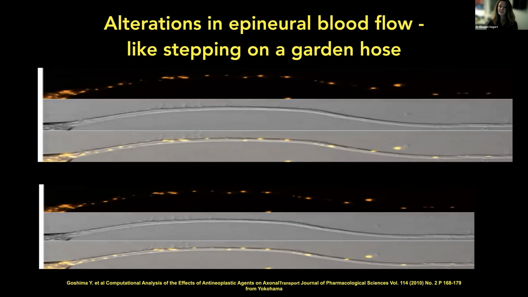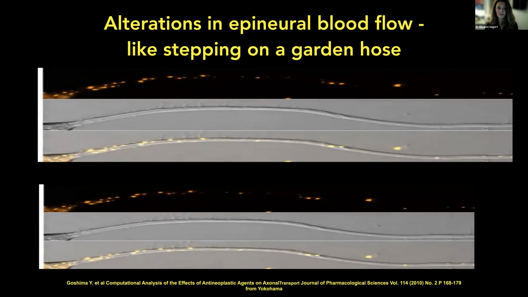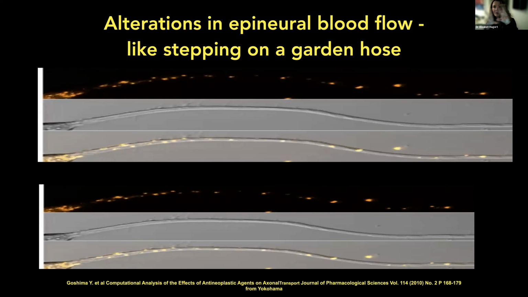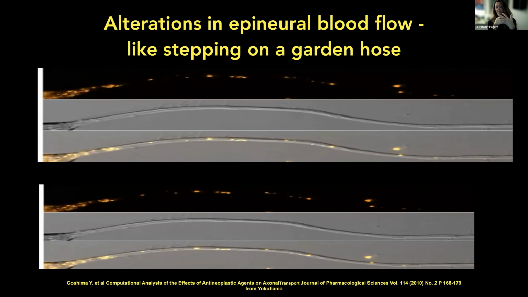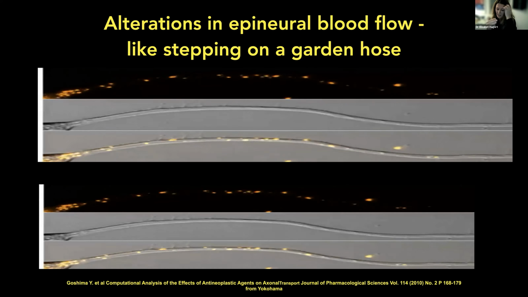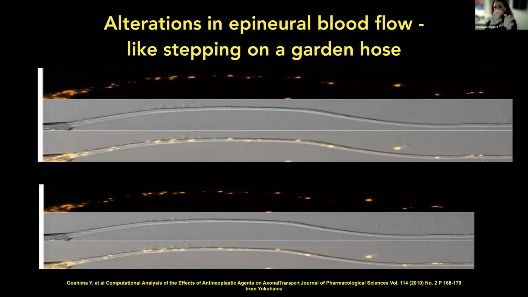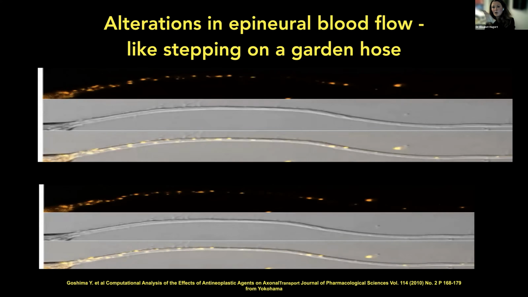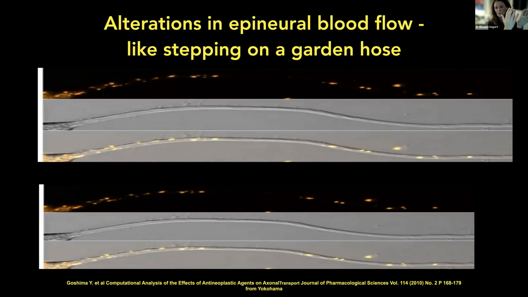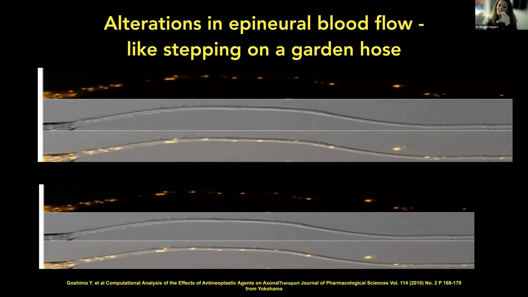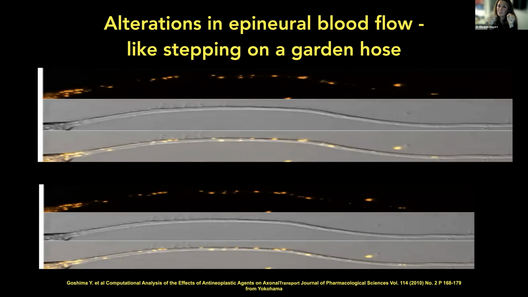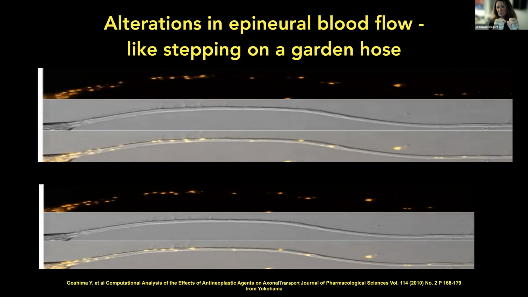This is what axonal transport looks like in a nerve. You see all those beautiful little sparkles going up and down that nerve? Well, I'd like to liken this to a garden hose. If you have a garden hose and you turn on the water completely, you will have that water flowing through that garden hose. But if you just gently step on the hose, you will still have water flowing through it, but not with the same power and not with the same strength.